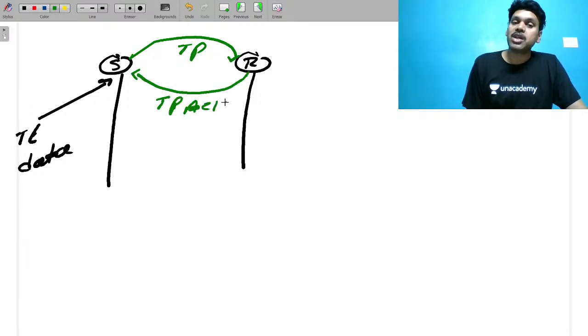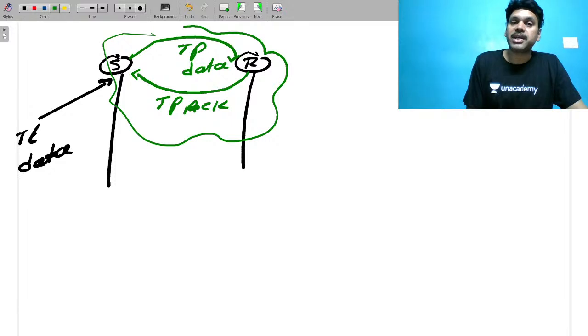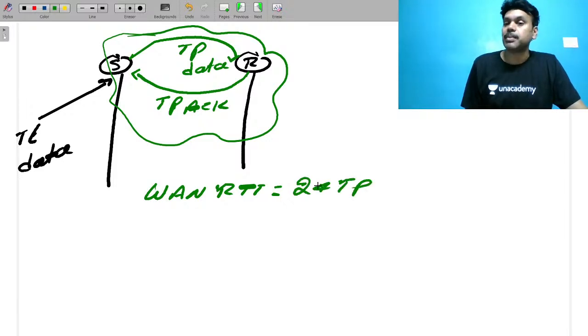This is for acknowledgement propagation, this is for data propagation. Whenever you talk about a wide area network, this is your RTT. So what is your WAN RTT? Your WAN RTT is nothing but double your TP.